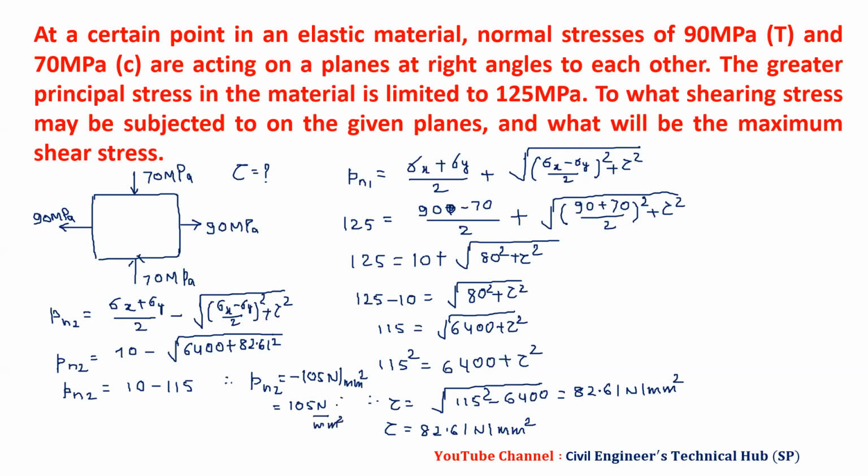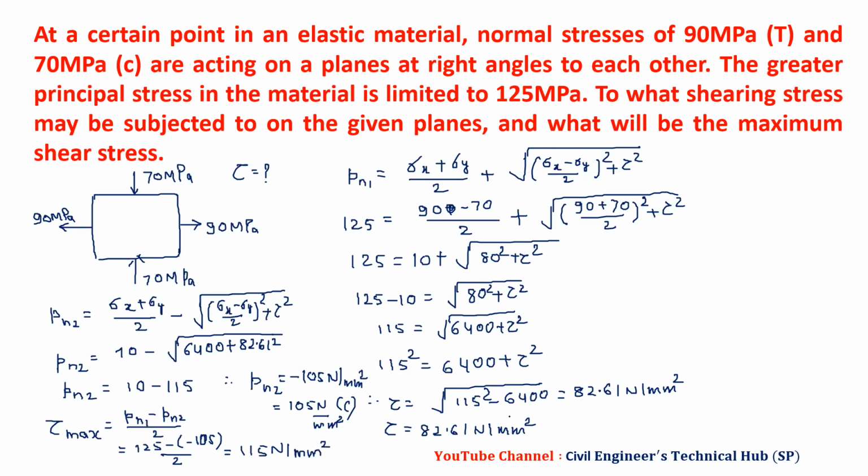And then we have tau max, which is equal to (Pn1 minus Pn2) upon 2. Now Pn1 we have 125, so 125 minus of minus 105 upon 2. And from this we will get 115 Newton per mm square.